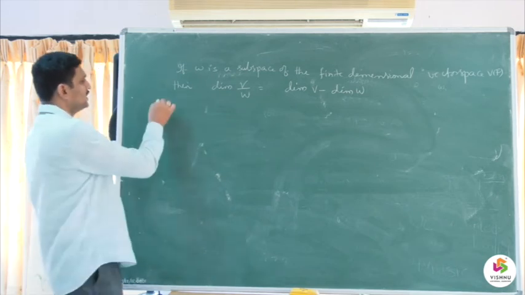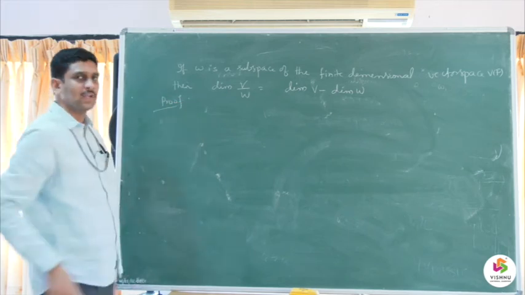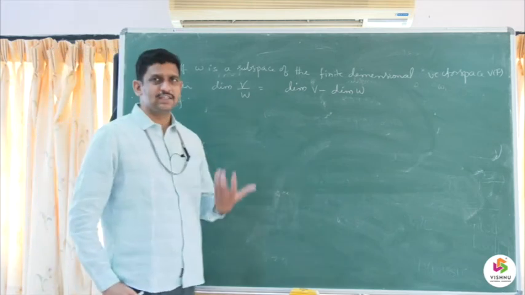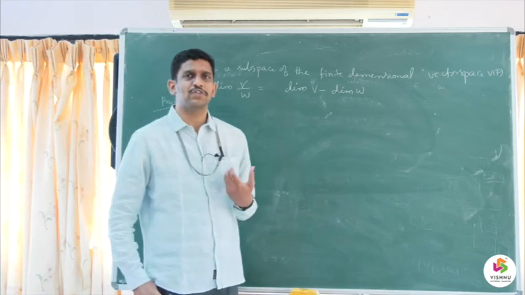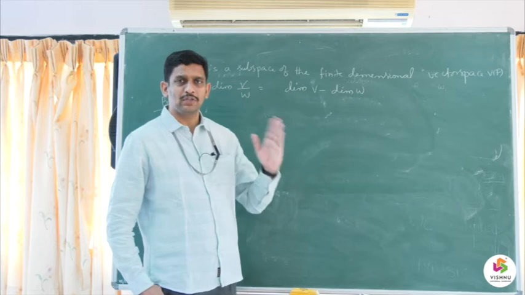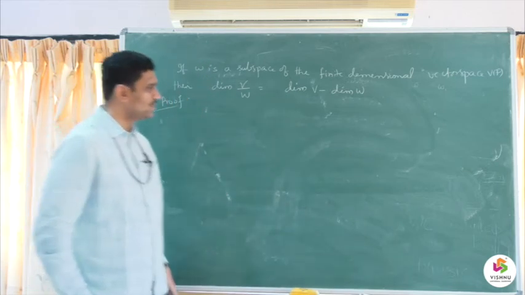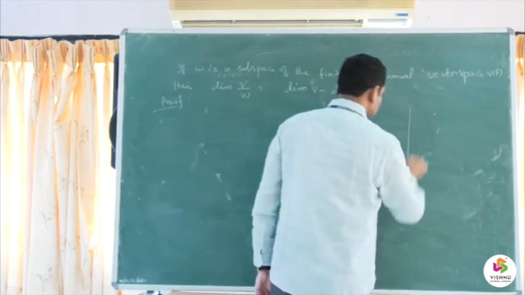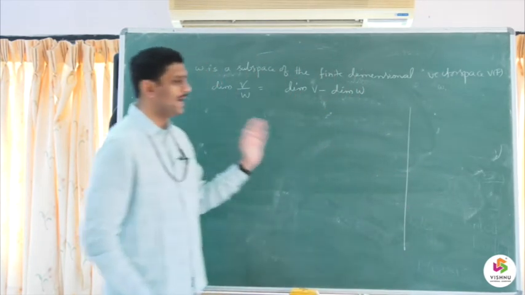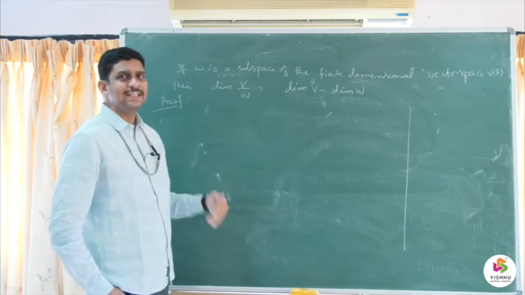Let us discuss the approach, how we are going to prove it. It is very similar to the previous theorem on the dimension of W1 plus W2 that we discussed earlier, but compared to that theorem it is somewhat easy. Let me write the approach first, which gives you an idea, so that while proving the remaining things you can easily understand the approach.